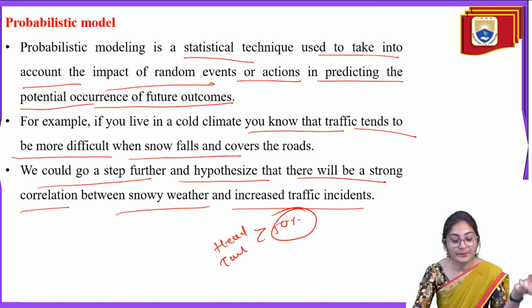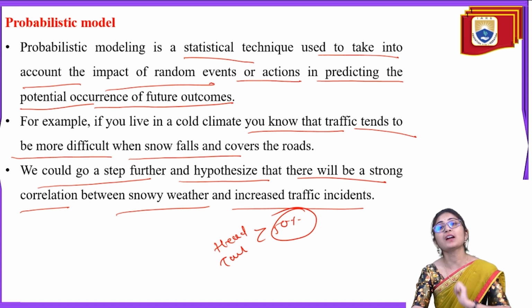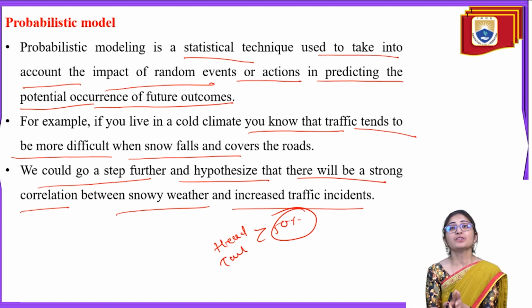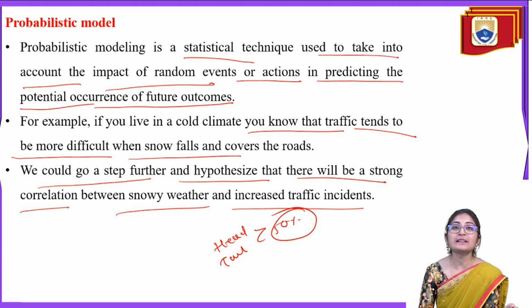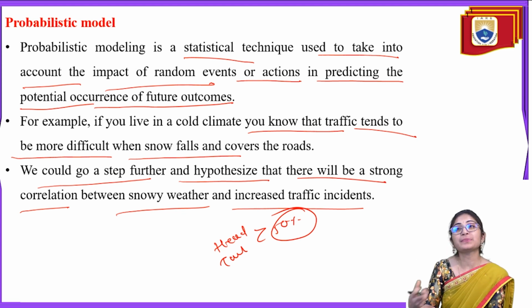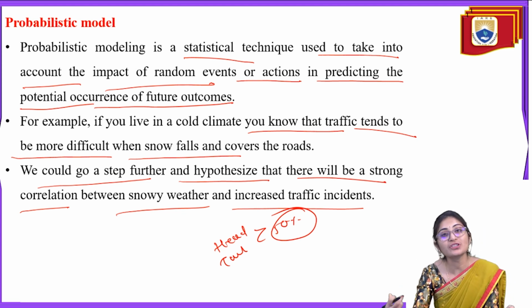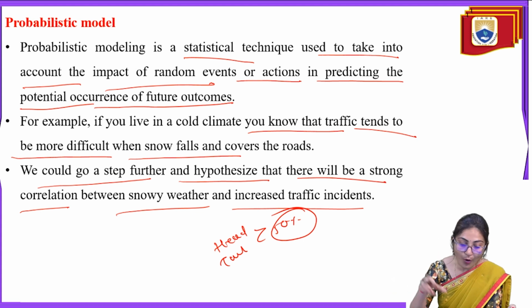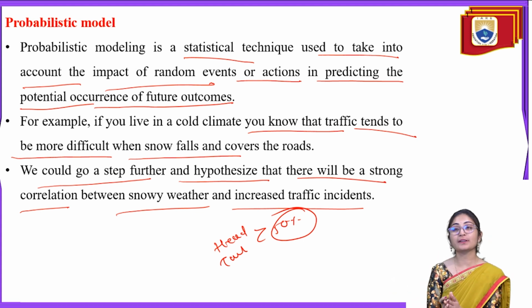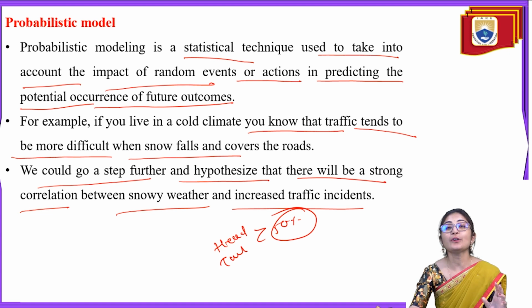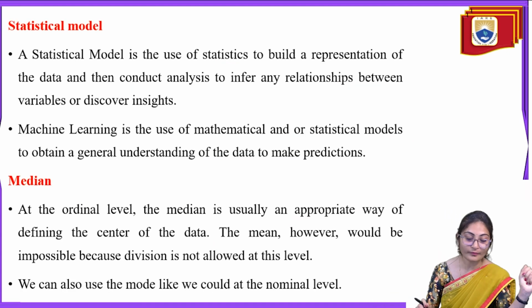So definitely, a probabilistic model also will show only the chances: how much percent, how many chances there are of getting that particular outcome. So in a probabilistic model, you are predicting the future outcomes. On that basis, you use your inputs and you will get the outputs.